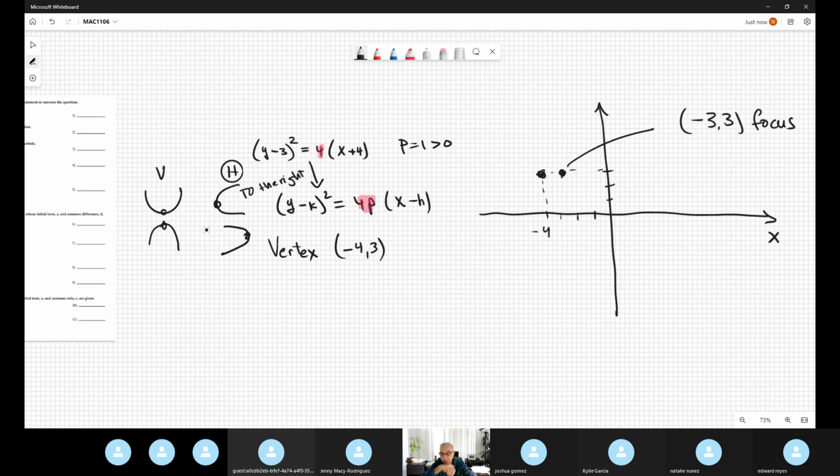We have only one. And the focal diameter is 4p. p is 1, so this is 4. So we go 2 over, because p is 1, and this distance is 2p, and this is 2p also. Okay, so we have the famous endpoints of the focal diameter. By the way, they are -3,5.